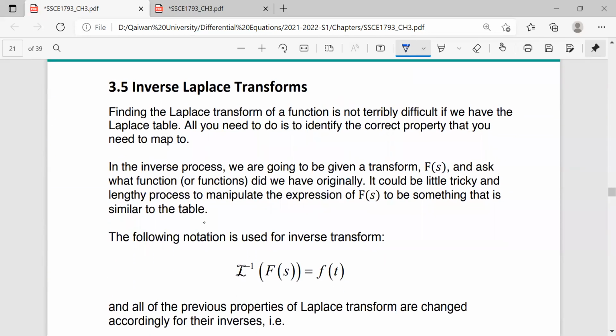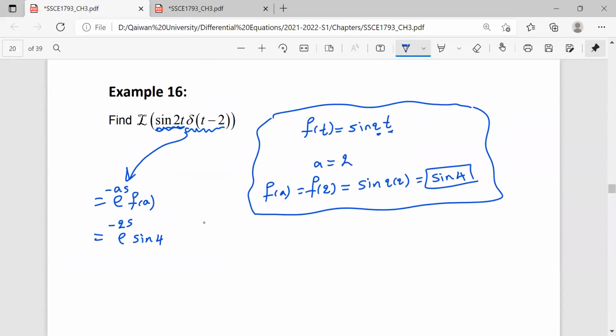We now have another section which is about inverse Laplace transforms. Look, we say the Laplace transform of sine 2t times Dirac delta function of t minus 2 equals e to the power minus 2s sine 4.